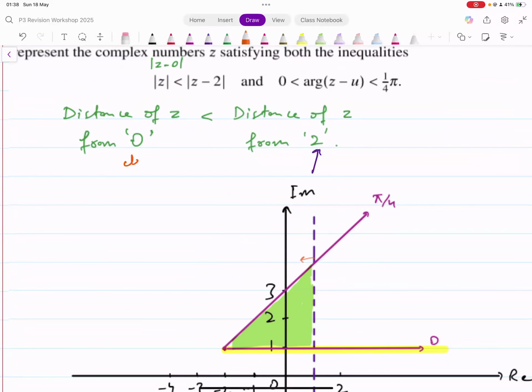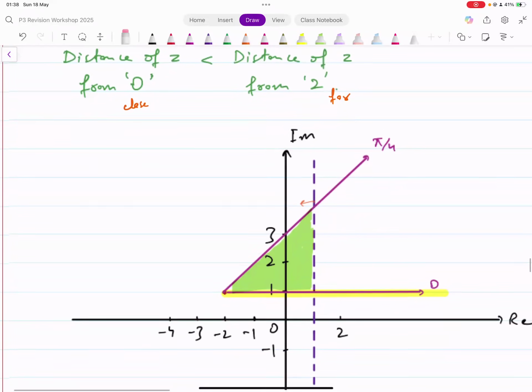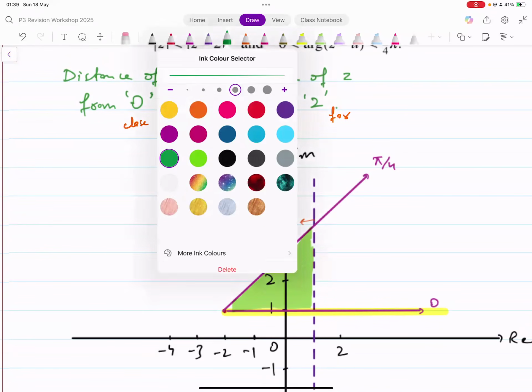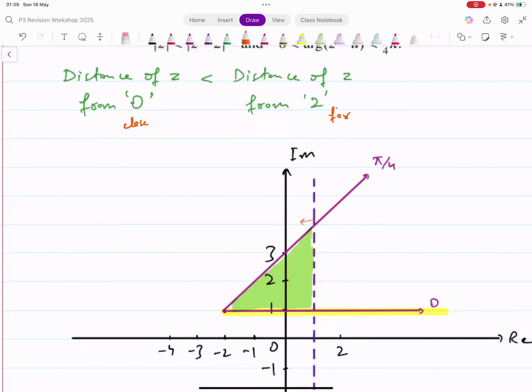It's closer to 0 because distance from 0 is less, right? And it's far away from 2. So the side on which you have 0, that is the side that's going to be shaded. So for this vertical line, 0 is on the left side. So you shade the left side because of that, right? So left side is what you would consider.